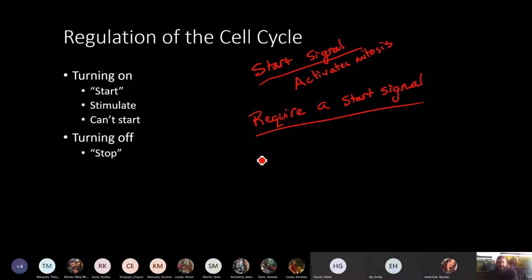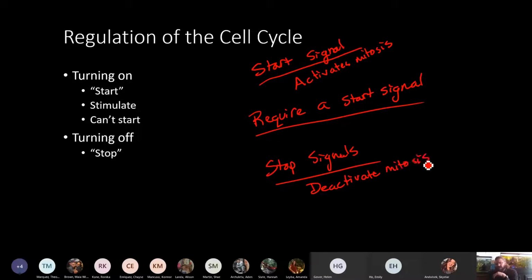Stop signals turn off mitosis. They deactivate mitosis. And again, once you send a start signal out there, mitosis is going to happen, and a stop signal is required to stop mitosis.